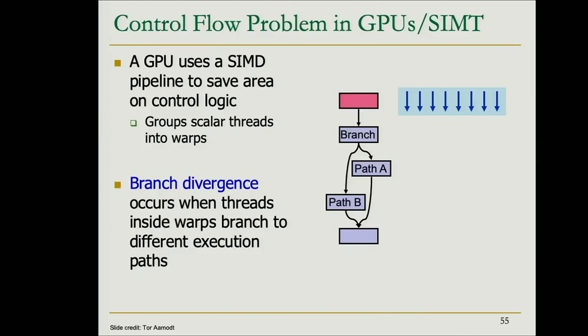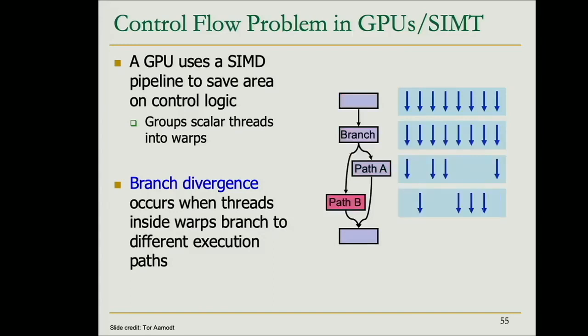So they execute in lockstep. Ideally, they are going to be executing the entire instruction together over the whole pipeline, and that can be very efficient, as you can see in the first instruction here in this picture. But if we have a branch, then part of them will go through one path, the other part will go through the other path, and essentially we need twice the number of cycles to do the computation here, right?